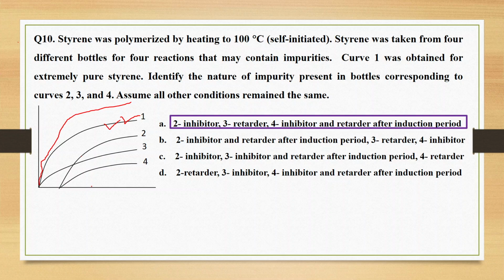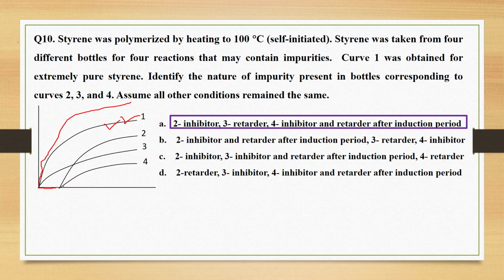How? Because look at the second one. It is for curve 2. It is an inhibitor because it completely stops the reaction when you add this in the system. See, for 2, in this portion there is nothing. That means the reaction was completely stopped at that point. Until the point the inhibitor is present, you will not have any polymerization reaction happening.